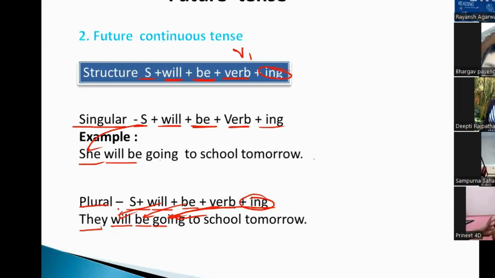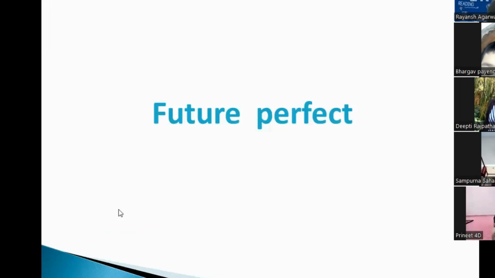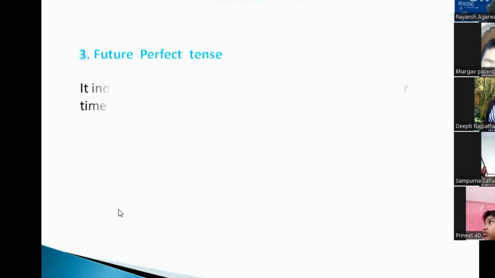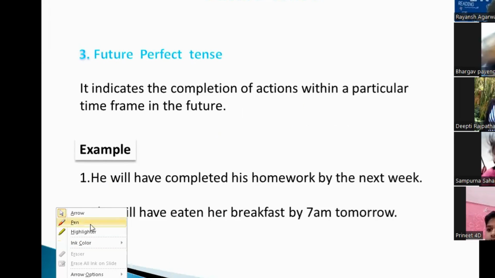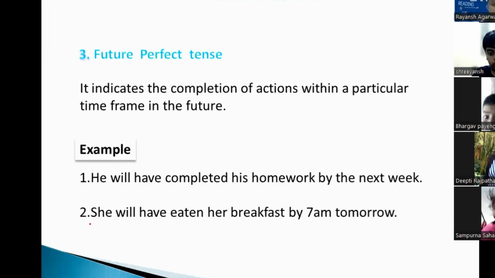Okay, so now let's move to the last one, that is future perfect tense. Ma'am, what is a helping verb? Okay, helping verbs help us to complete the sentence. If I say I eating banana, does it make sense? Is it giving a complete meaning? No, right?